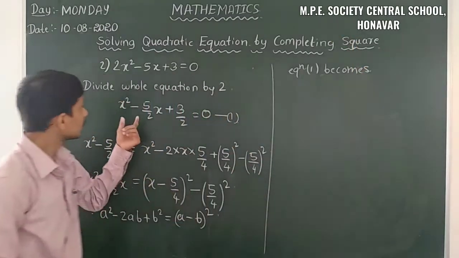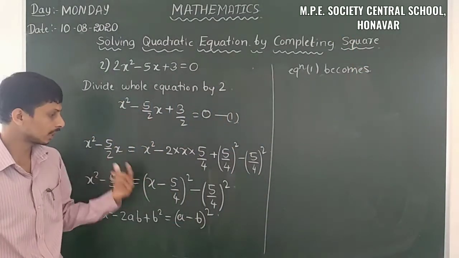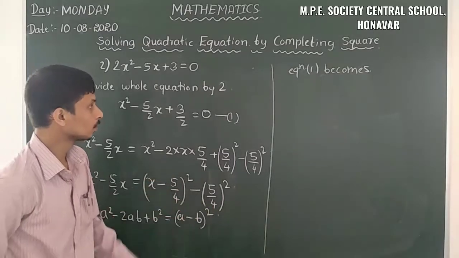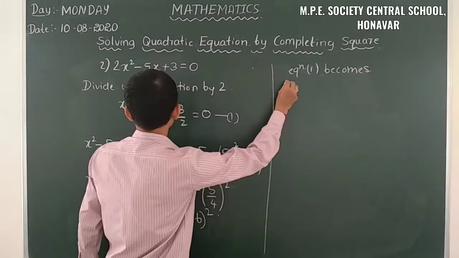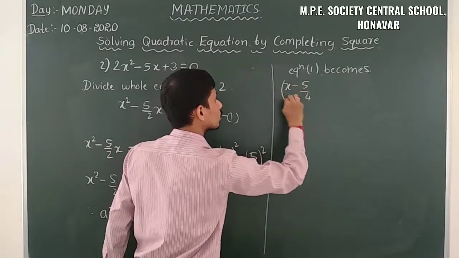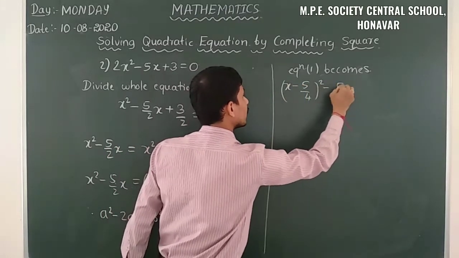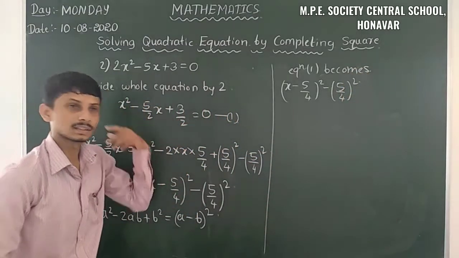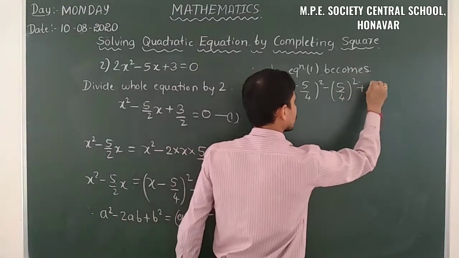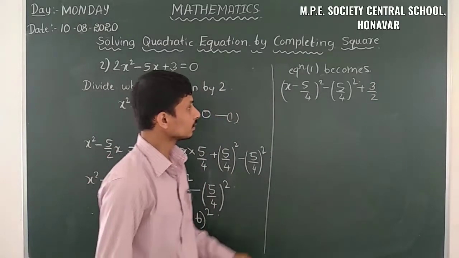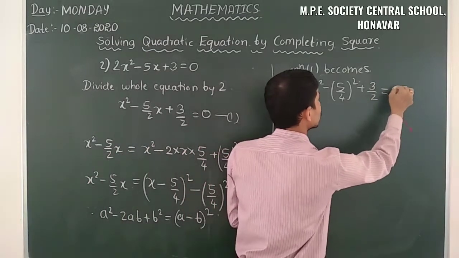In place of x square minus 5 by 2x, we have to insert this value: x minus 5 by 4 whole square minus 5 by 4 whole square plus 3 by 2 is equal to 0.